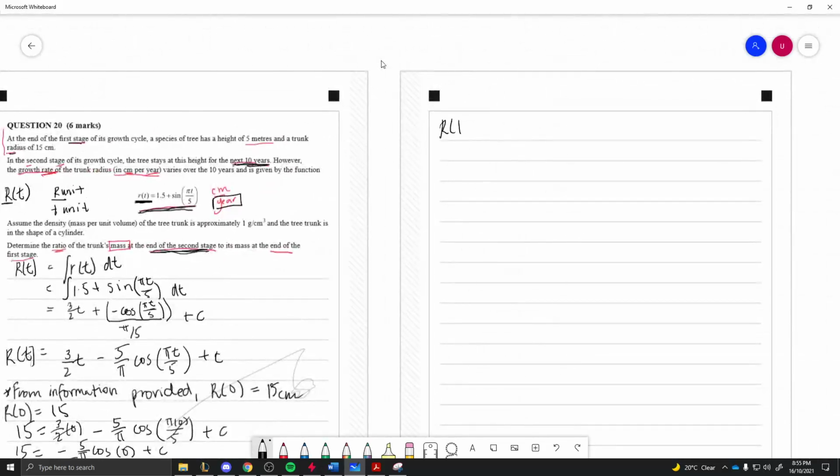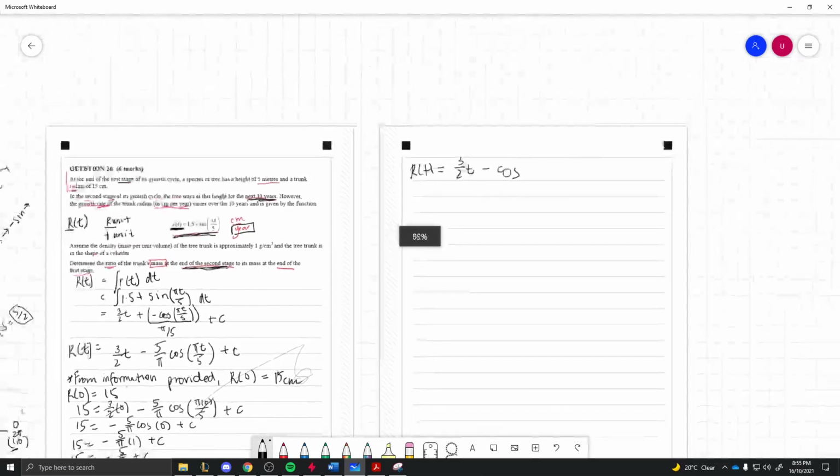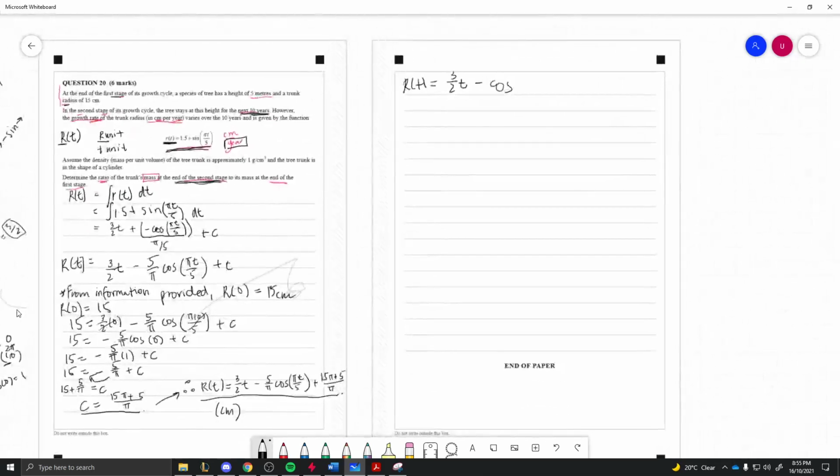So R of t, I'll write that all out again: 3 over 2 t, minus, what was the function? Minus 5 over pi cos of pi t over 5, plus 15 pi plus 5 over pi. There we go.